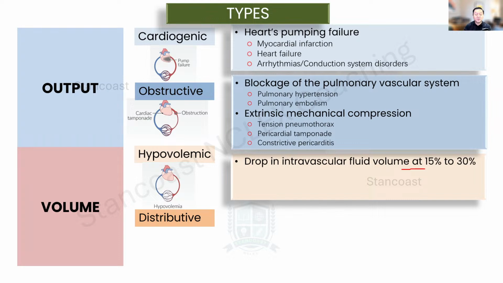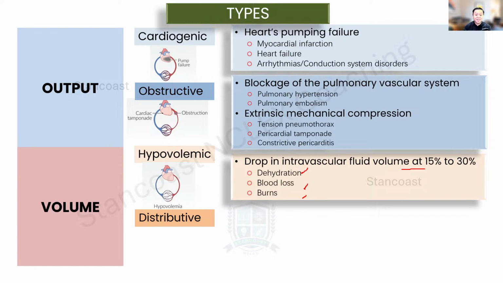Please take note of that. And this can be caused specifically by the following issues: dehydration, blood loss, and also burns. All right, so these are the possible causes of the hypovolemic shock.